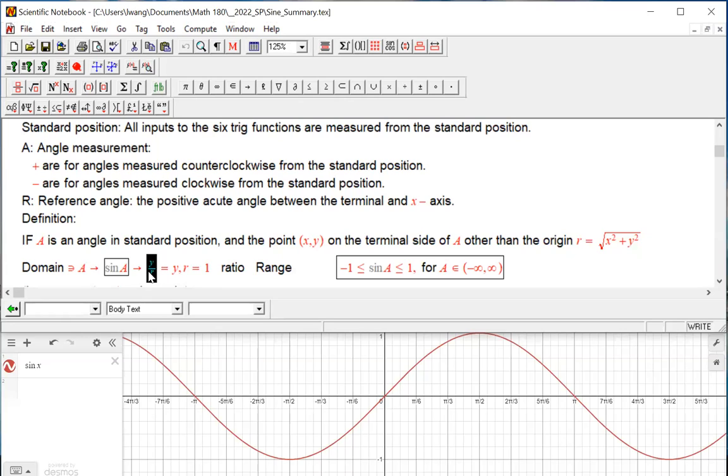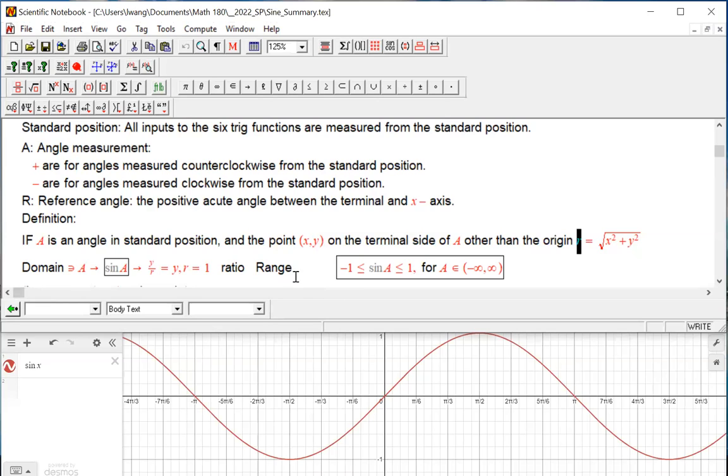The outputs are ratios. For the 6 trig functions, there are ratios of various kinds. It's just x, y, r in different order. You pick any 2 numbers out of x, y, r and make a new ratio. That's what we do.